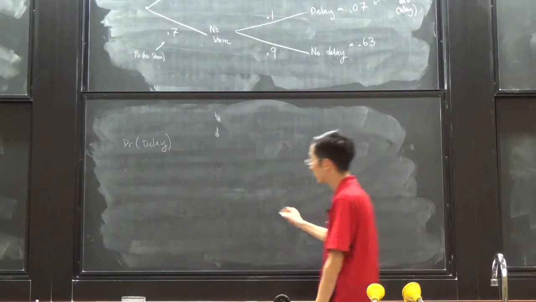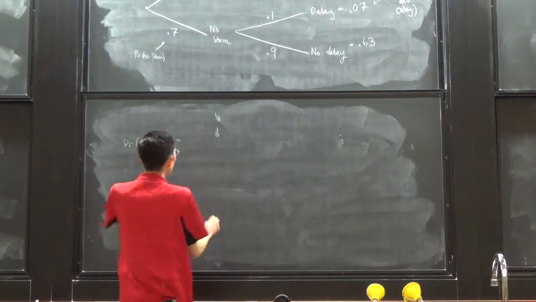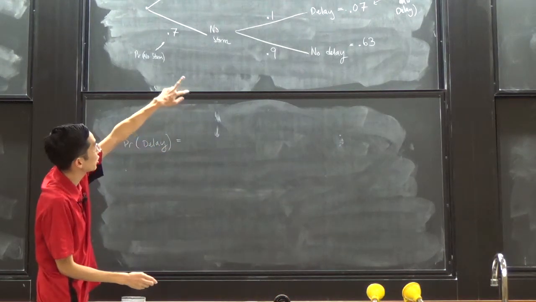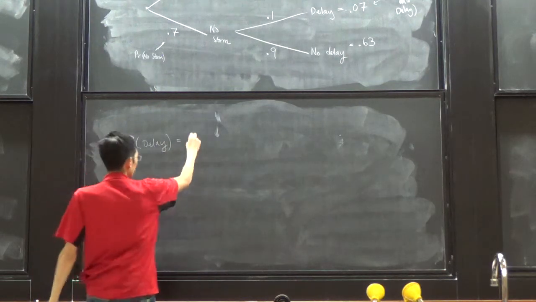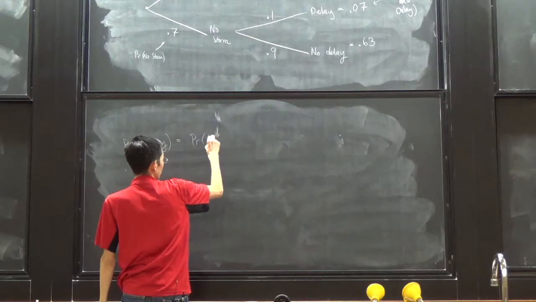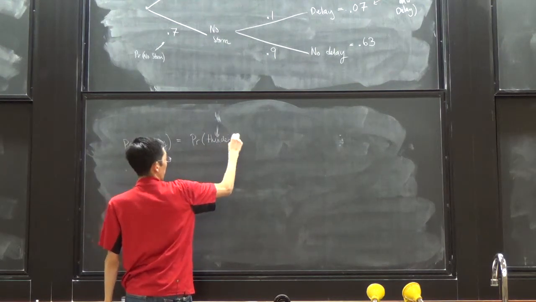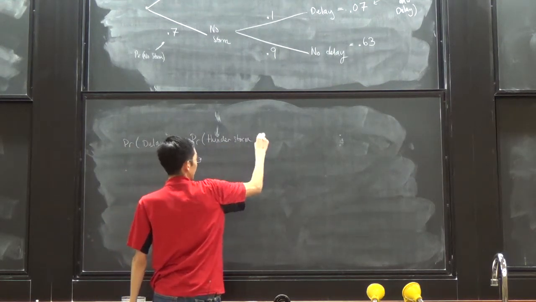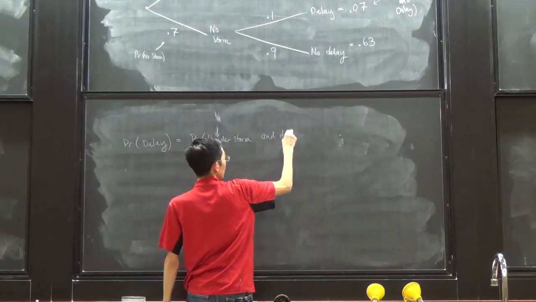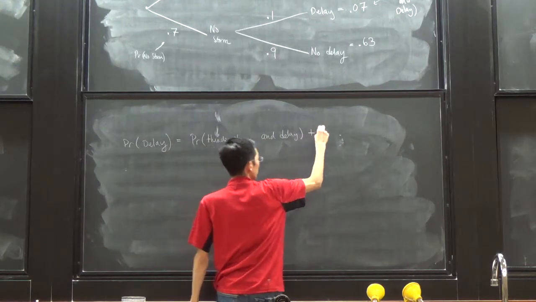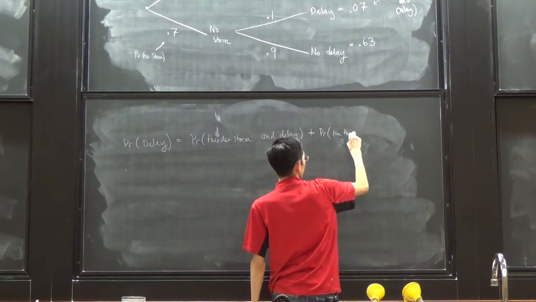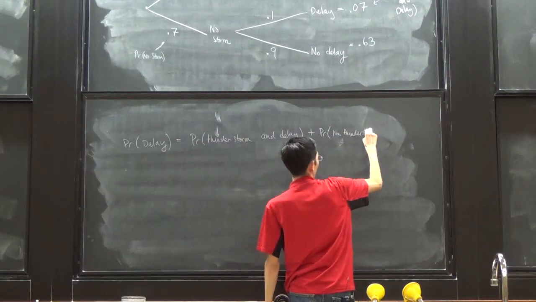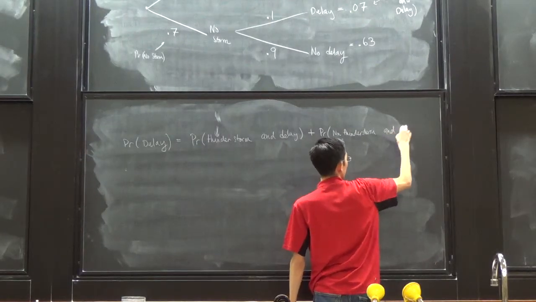Okay, so there are two possible ways that we can end up with a delay. One is the probability that there is a thunderstorm and there's a delay, plus the probability of no thunderstorm and there's still a delay.